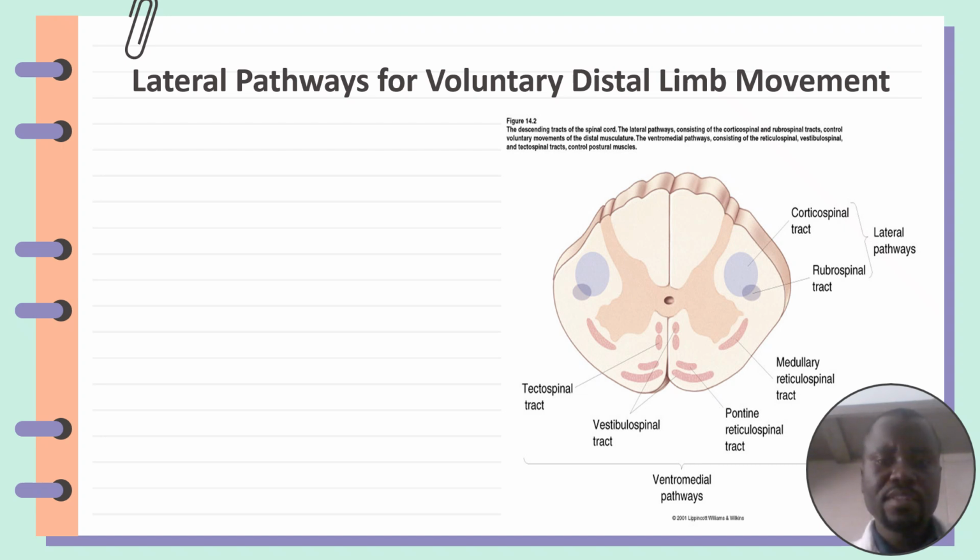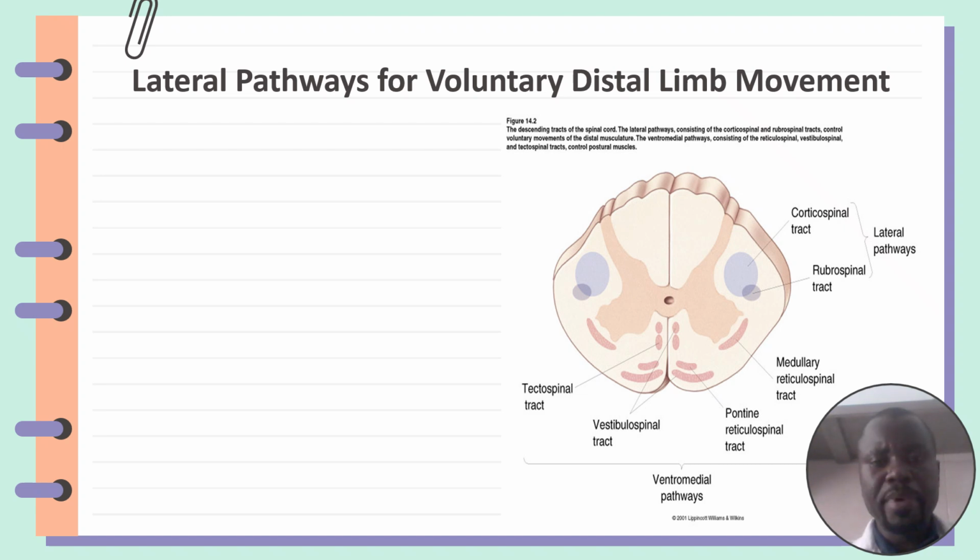Those that are in the anterior aspect of the spinal cord and closer to the midline are called ventral medial pathways. These are names related mostly to the anatomical positioning of these pathways as they traverse up and down the spinal cord.